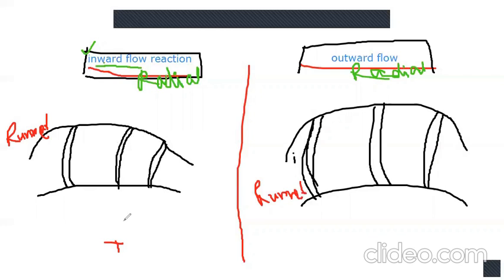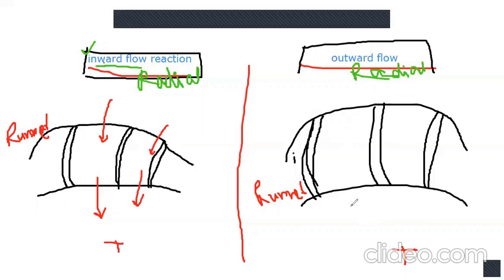These are the blades. This is the center. In an inward flow radial reaction turbine, inward means water comes from the outside towards the center. That is inward flow.